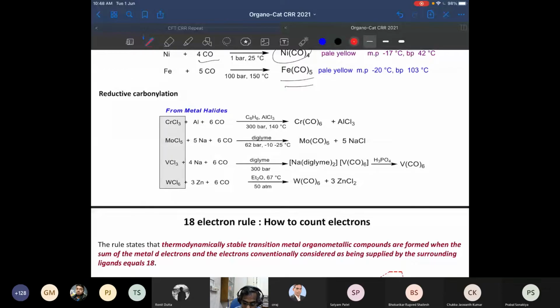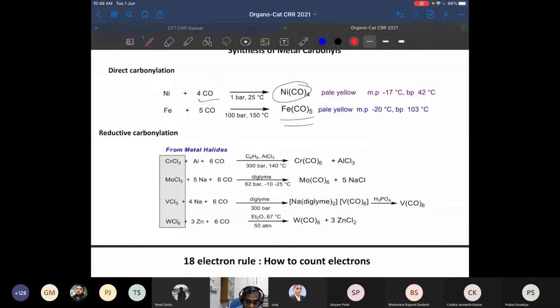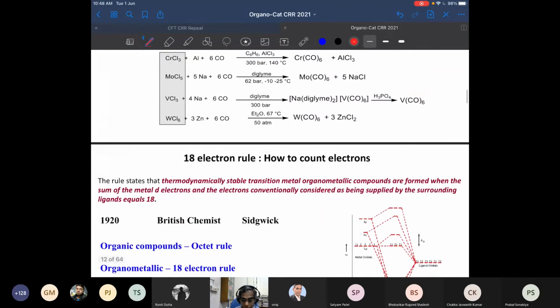Nothing much to mug up here, but I should tell how we get metal carbonyl complexes: simple methods of direct carbonylation or reductive carbonylation. Both have been widely used in industry as well.